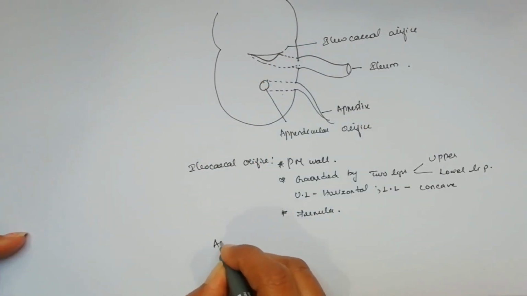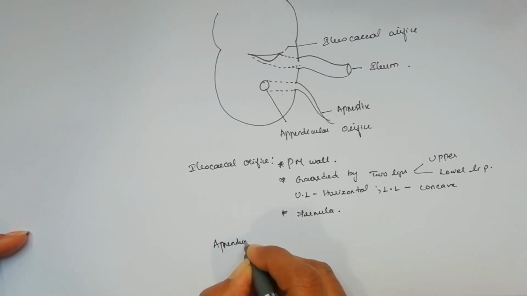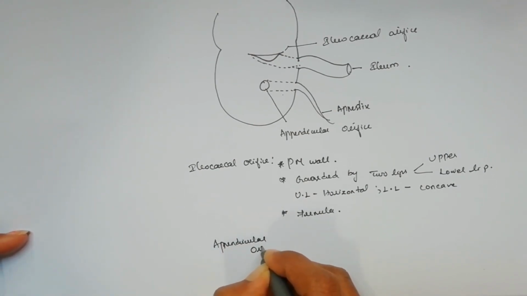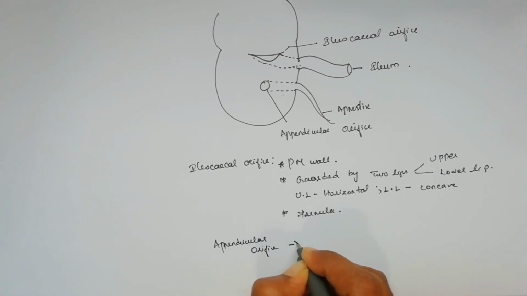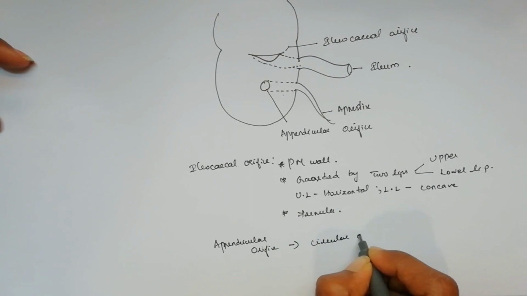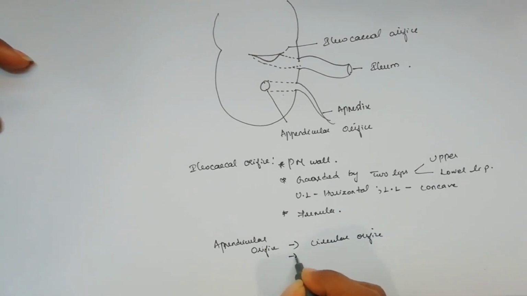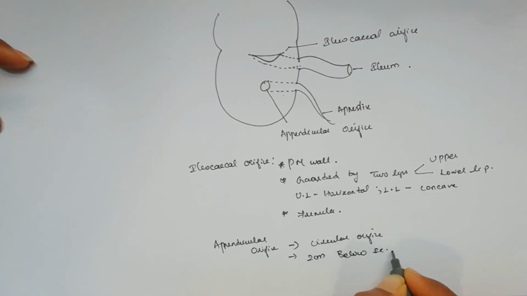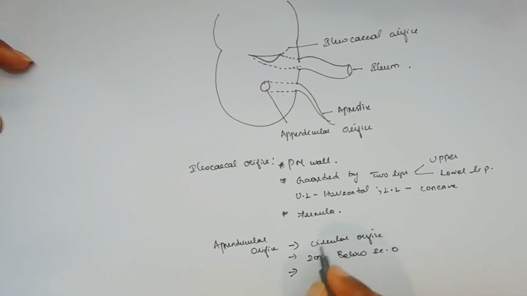Now we will move on to appendicular orifice. The appendicular orifice is a circular orifice or circular opening, which is present 2 cm below the ileocecal orifice, and it is again guarded by a submucous fold.